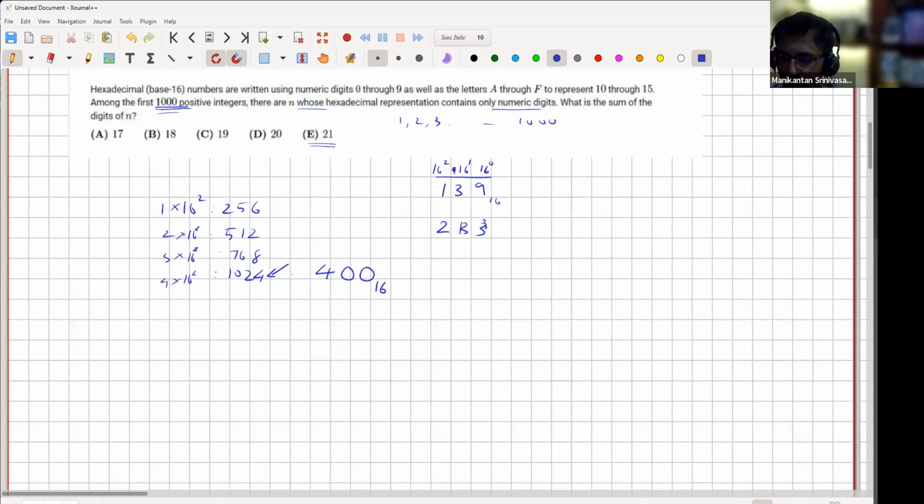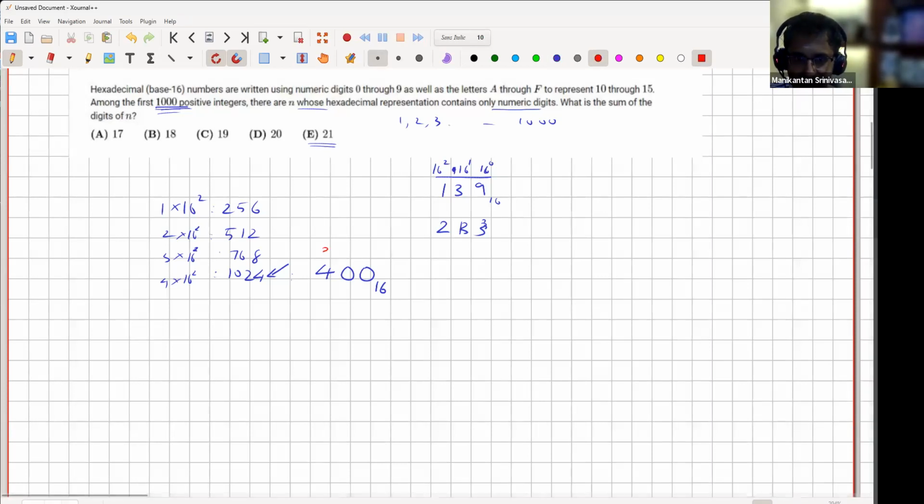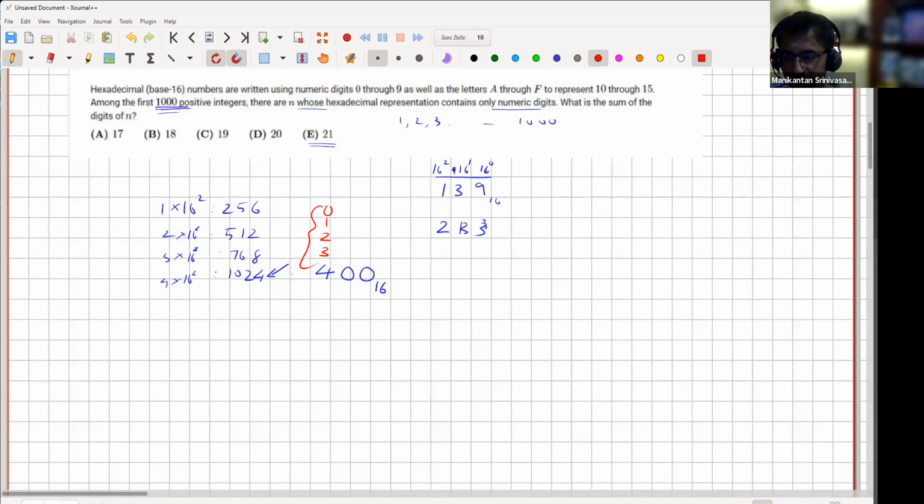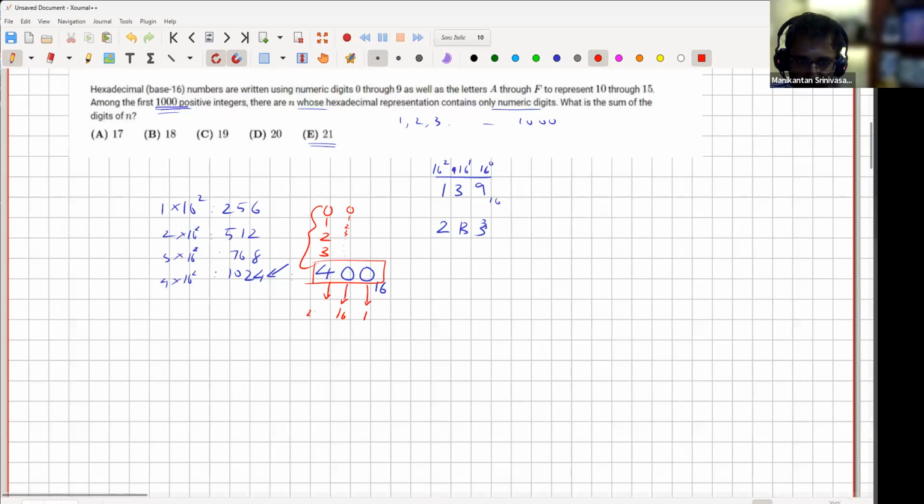Okay, all of us okay on this so far? In base 16, any number that's starting with 3, 2, 1 as well as 0 will definitely fall below this 400. Let me call this the units digit, this is the 16th digit, this is the 256th digit.